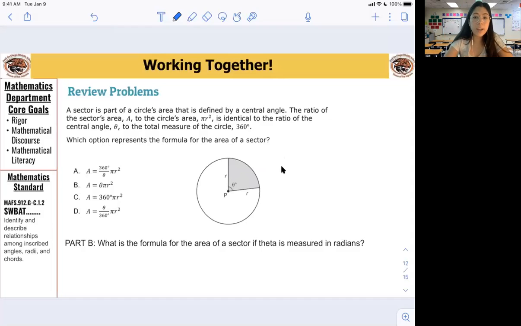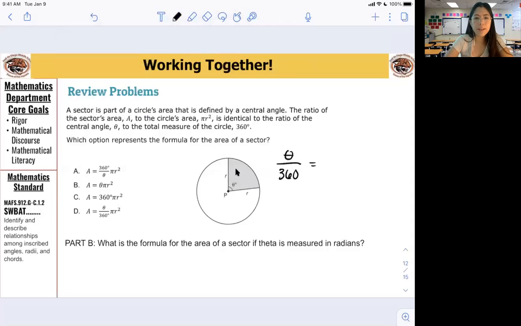So we're not going to do radians yet. We're going to get to it in the next part. For now, we're still talking about degrees. So this is pretty much how we usually do this. If you have a number, whatever this number is, we're going to do theta over what? Over 360.